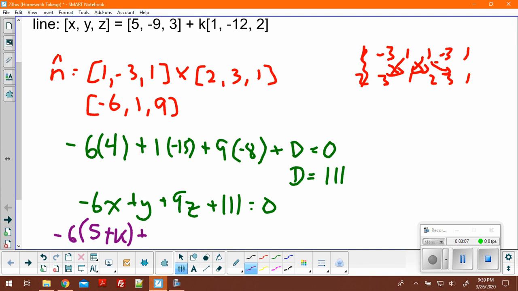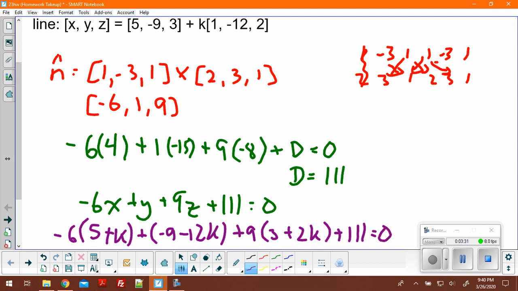For y, my parameter is -9 minus 12k. And for z, my parameter is 3 plus 2k, plus 111 is equal to 0.